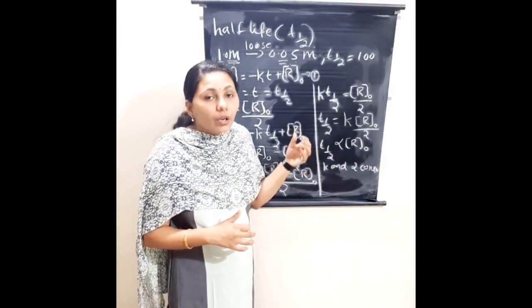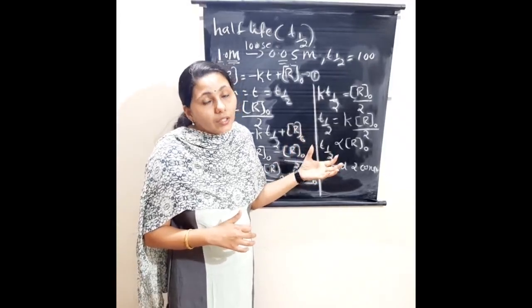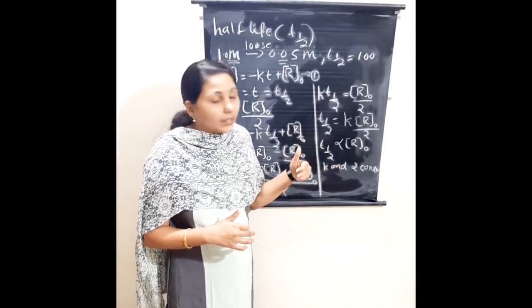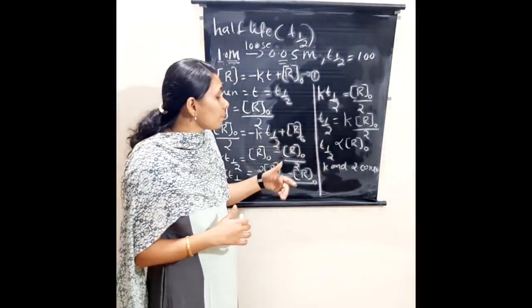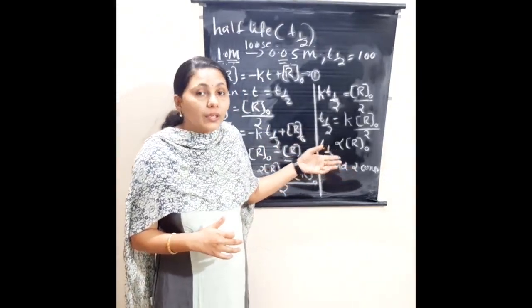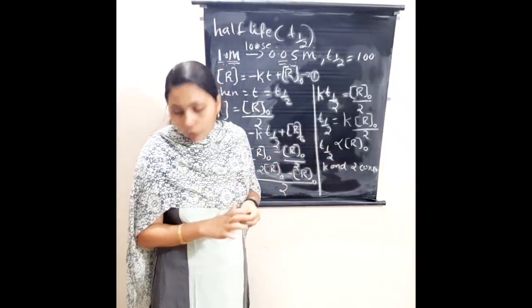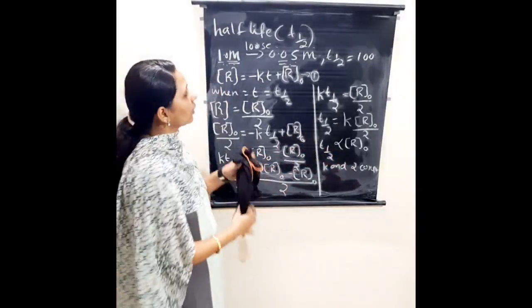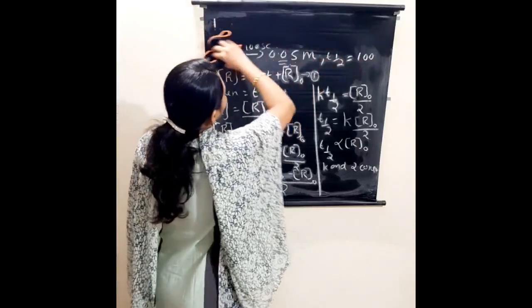Derive the relationship between T half, that means half life, and a zero order reaction, or show that for a zero order reaction T half is directly proportional to which one? The initial concentration of the reactant. So what is the next question they can ask?